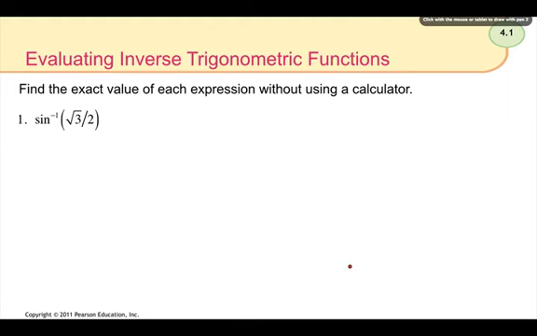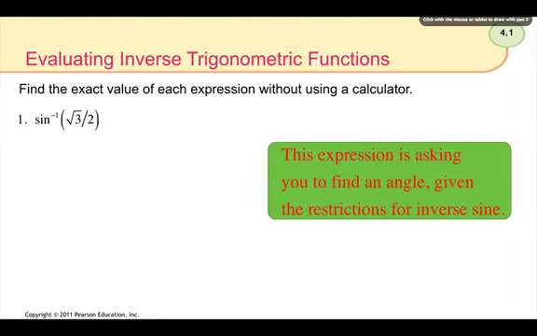Basically, this expression is asking you to find an angle, given the restrictions for inverse sine. And if you remember on an earlier slide, the restrictions for inverse sine are from negative pi over 2 to positive pi over 2.